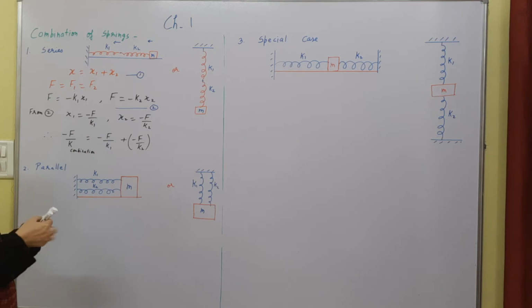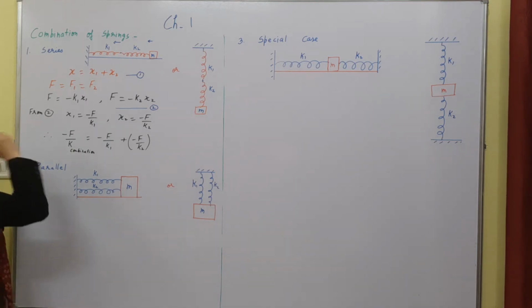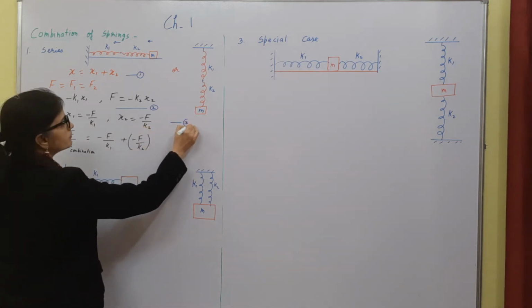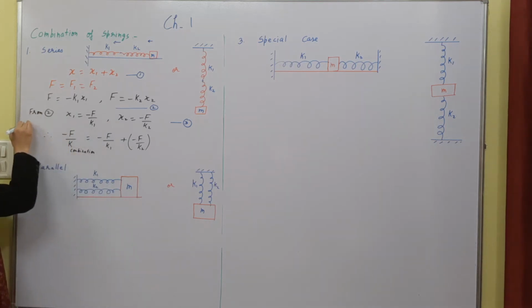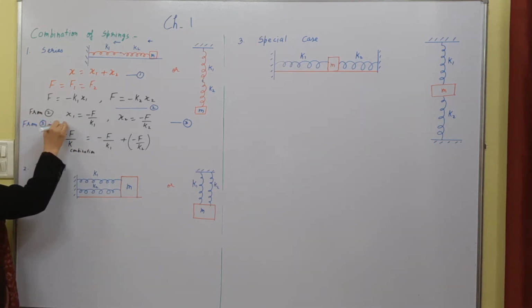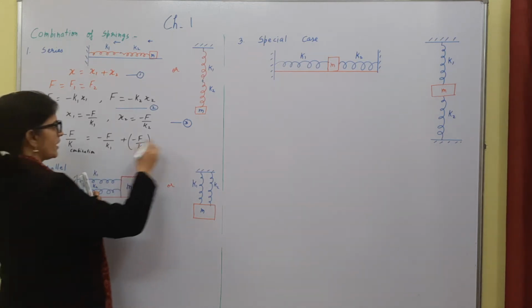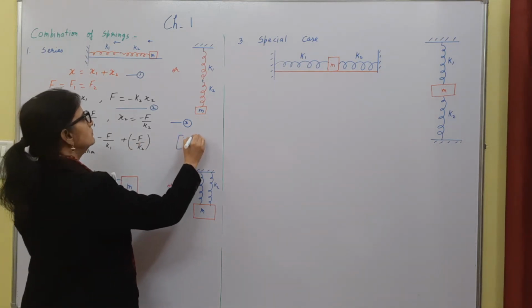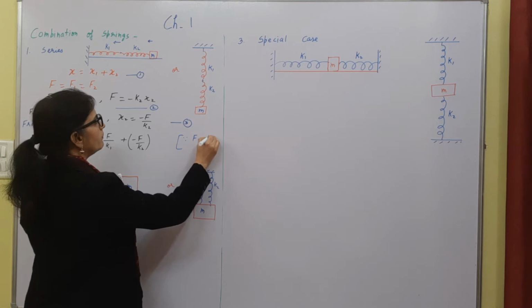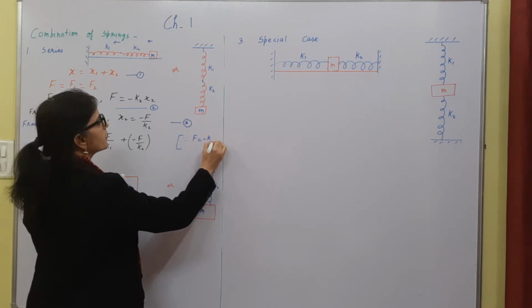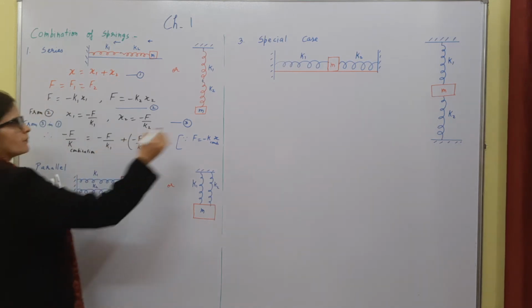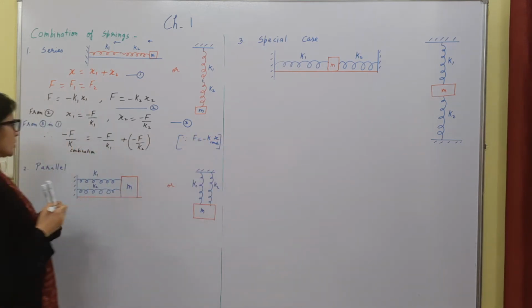Why have we written this? This is from 3 in 1, and here we have written this because K of combination into net extension.